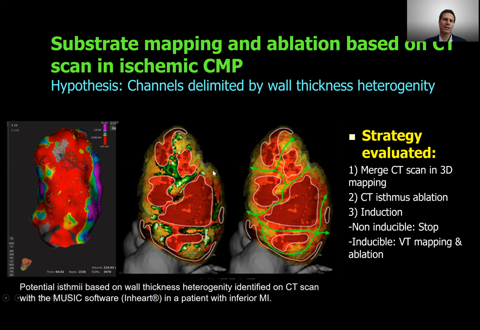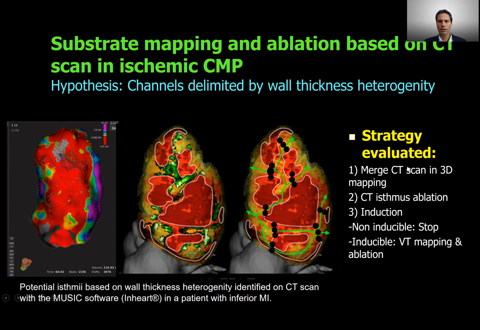Looking at wall thickness, and this is what we are looking at in an ischemic cardiomyopathy patient, the thickness of the myocardium, you could identify some thickness heterogeneity, a thick-thin mismatch, which has been proved to be pro-arrhythmogenic and a substrate for reentry. And we identify with an algorithm the potential isthmuses, and then the goal is to cut this path within the scar.